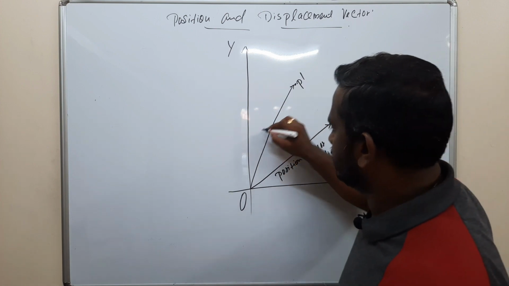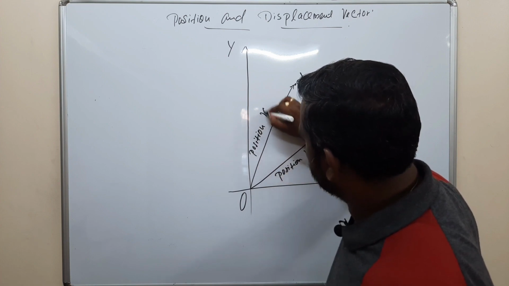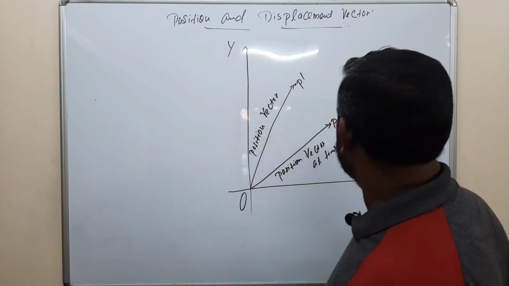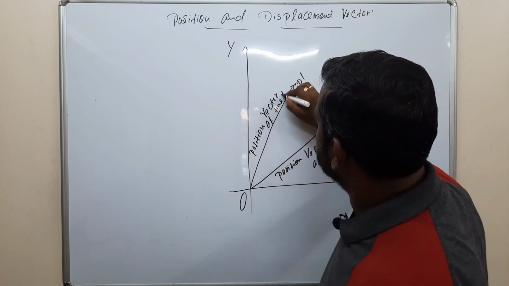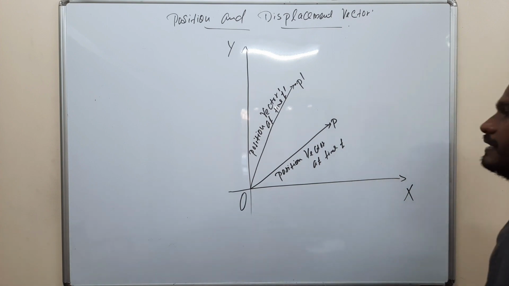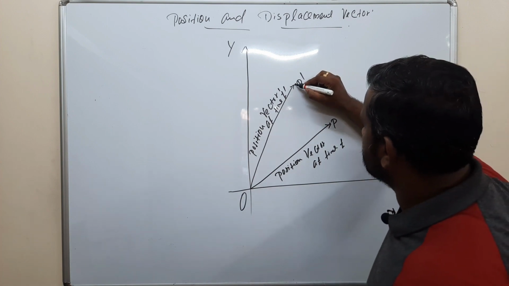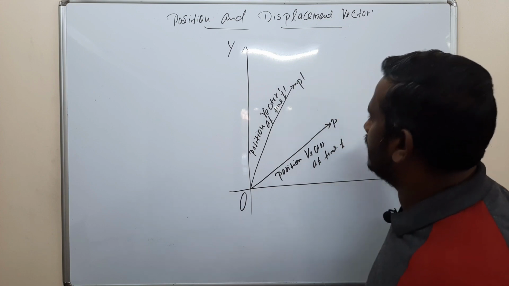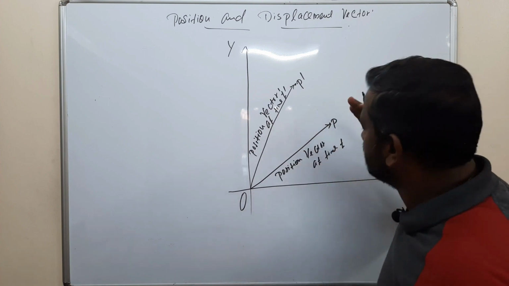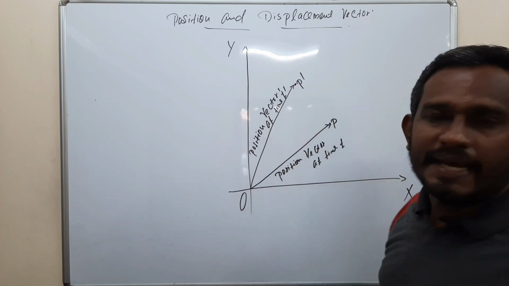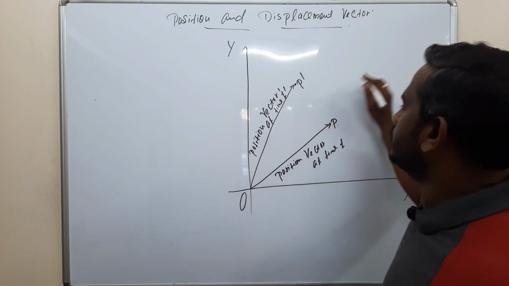Position vector at the time t dash. Then the displacement vector is given for the time interval t to t dash in which the object has moved. The displacement vector gives the direction and the distance of the object displaced in the time interval t to t dash.